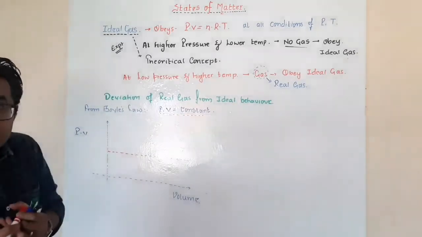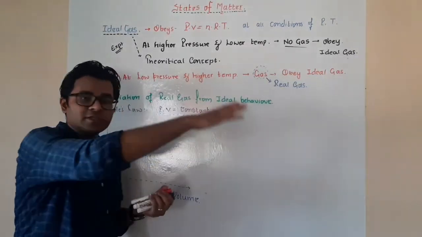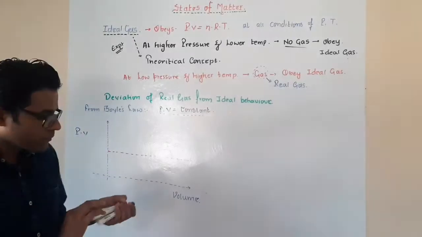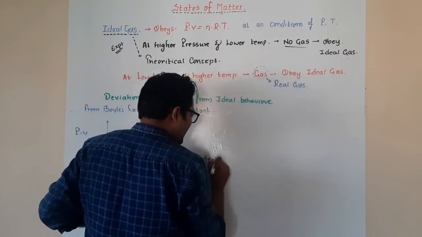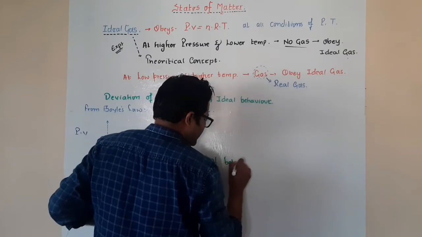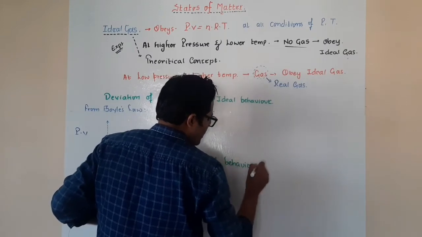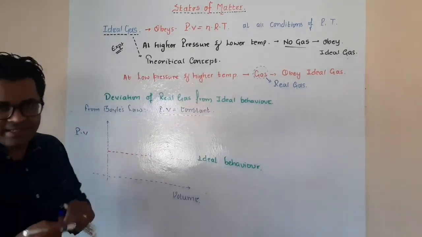If we get a straight line, that means this product is constant, and this condition shows ideal behavior, or an ideal gas.